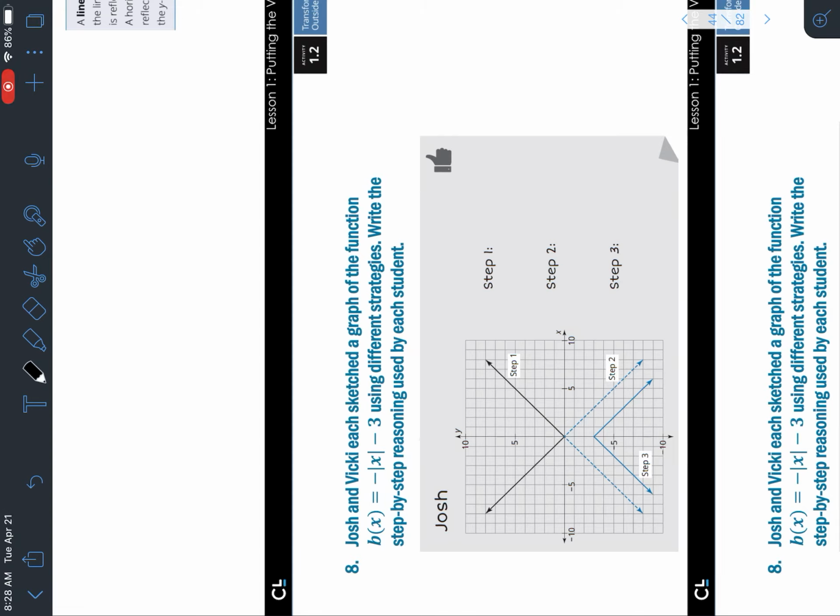Okay, so right here, number 8, we're going to go through just Josh and Vicky, and we're going to stop there for today. We're not going to do 9. So it's asking us, Josh and Vicky each sketched a graph of the function b of x is equal to negative absolute value of x minus 3 using different strategies. Write the step-by-step reasoning each student used.